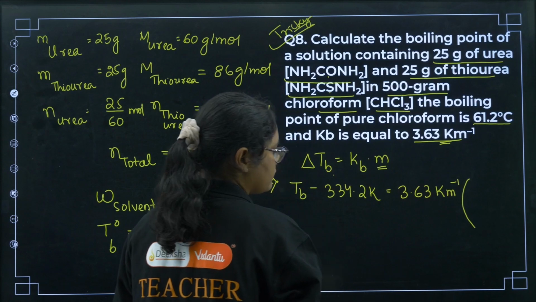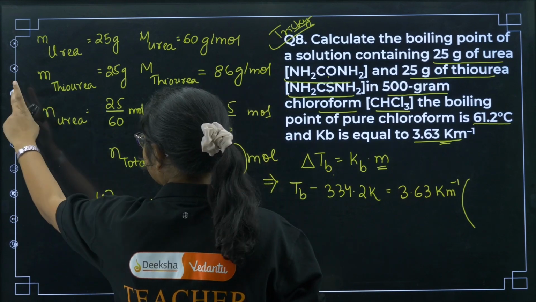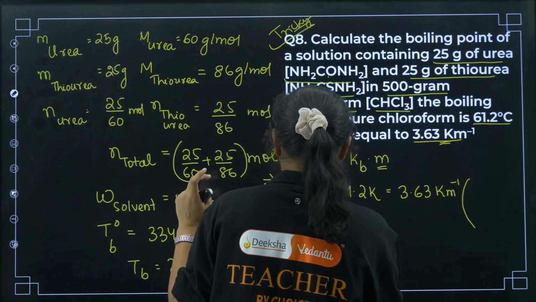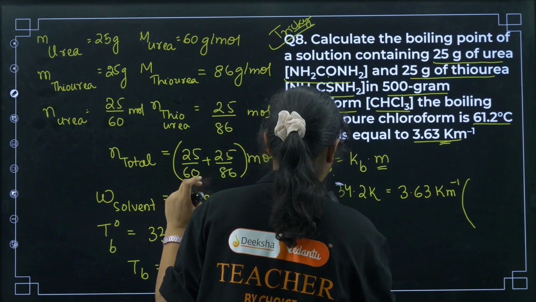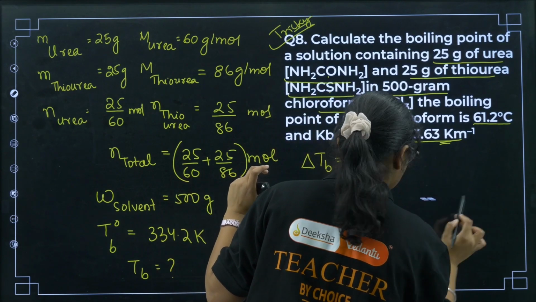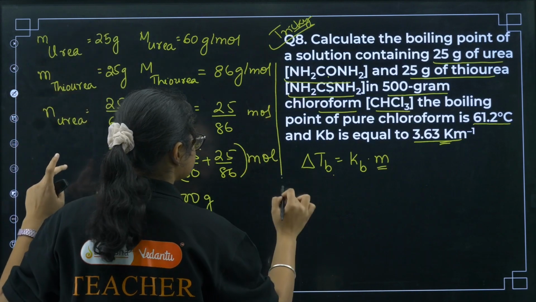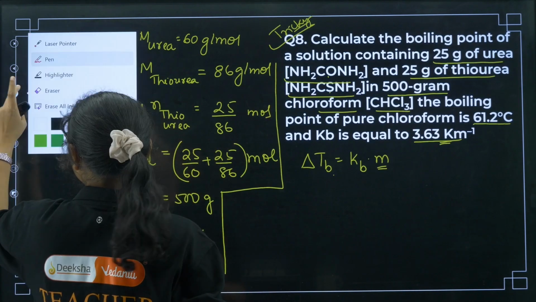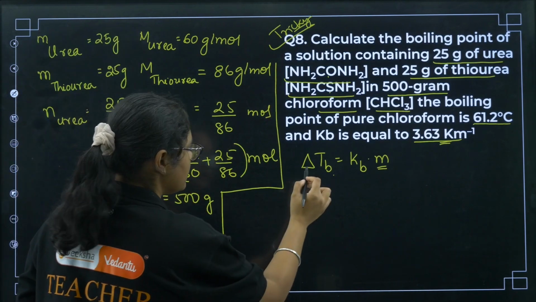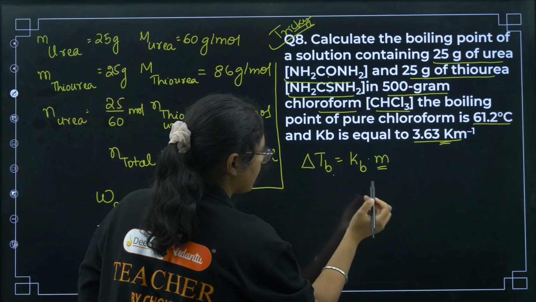So for molality, let me take some space here, I will write it again. We need little more space, just a minute students, okay. So let us see here, okay. Now delta TB, as I told you, TB minus T naught B, right.